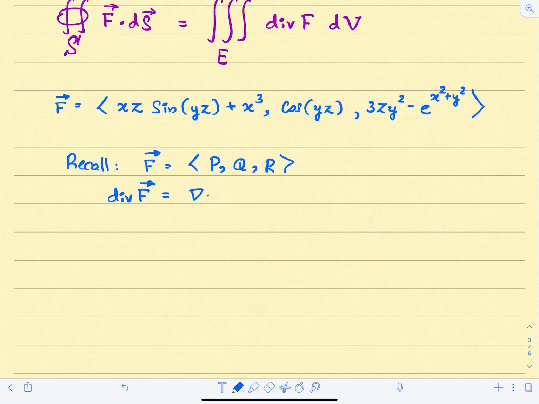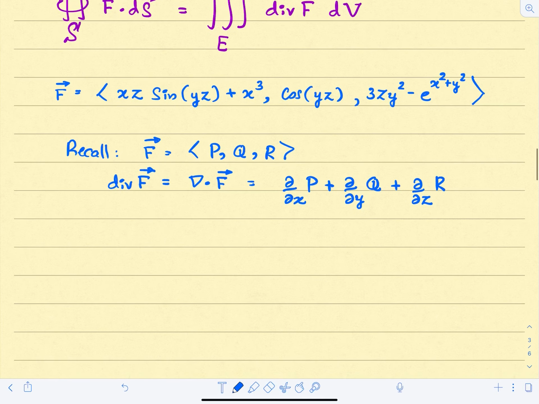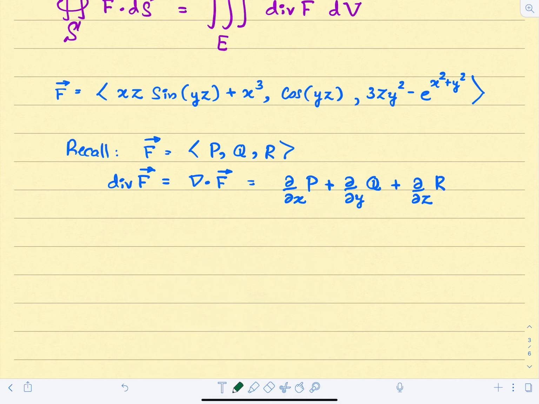This is grad dot F. This equals partial over partial x of P plus partial over partial y of Q, where Q is the second component of the vector field, plus partial over partial z of R. Okay, so in this problem, this is our P, this is our Q, and this is our R.